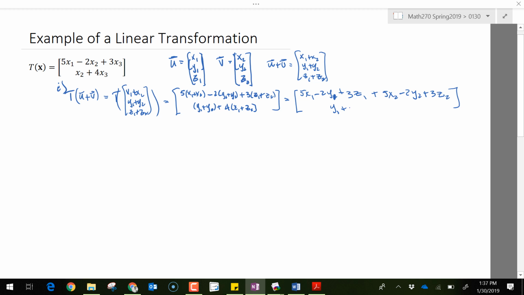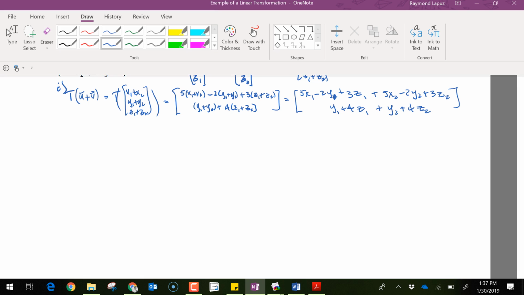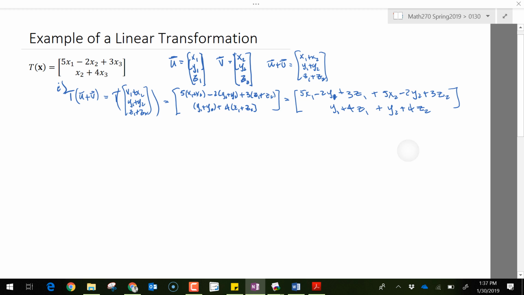And for the second component, y1 plus 4z1 plus y2 plus 4z2. So I wanted to separate it because these are the two pieces. I'm going to split this up into two vectors now.